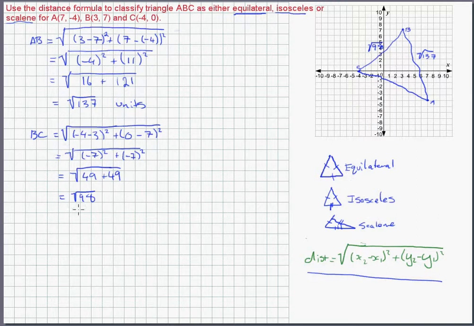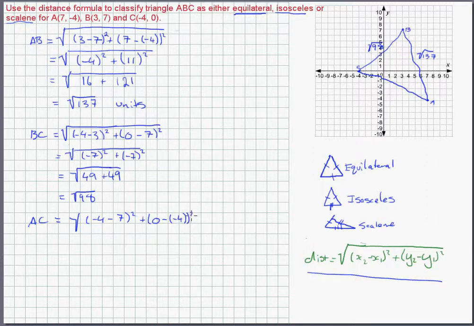That depends entirely on the third side, which is AC. So applying that again, we're looking for the x-coordinate of our second point C, which is minus 4, minus the x-coordinate of our first point, 7, squared, plus the y-coordinate of our second point, C, which is 0, minus the y-coordinate of our first point, negative 4.